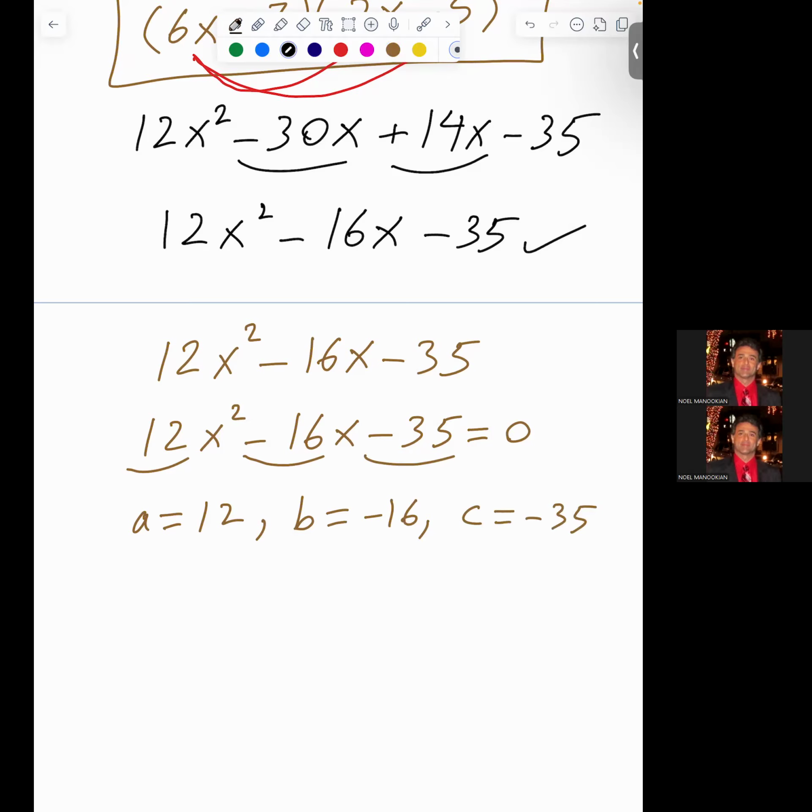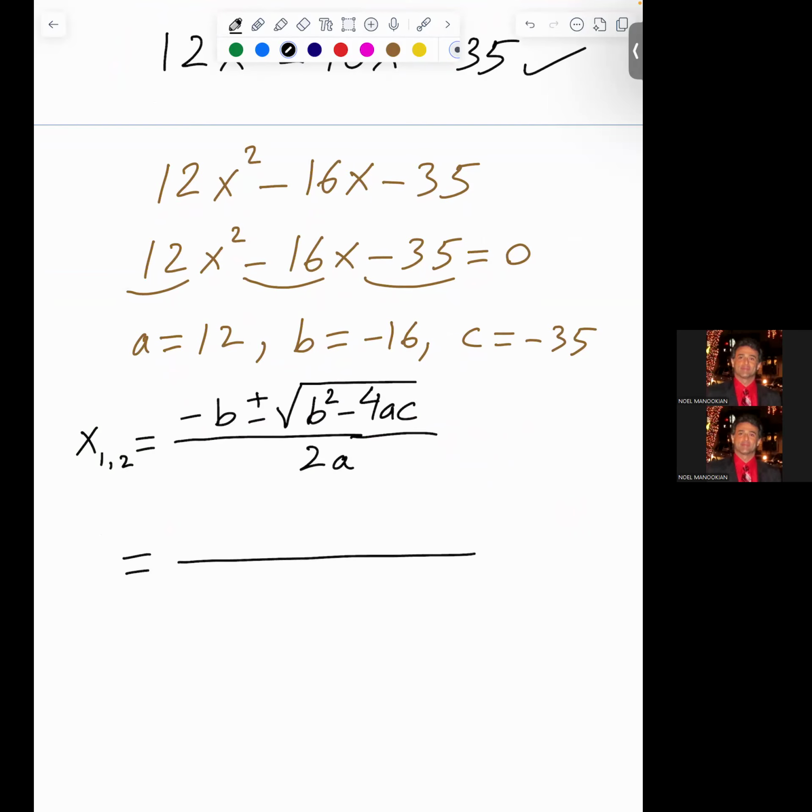Let's review the quadratic formula. x1 and x2, the solutions, equal, as you know, negative b plus or minus the square root of b squared minus 4ac, over 2a.